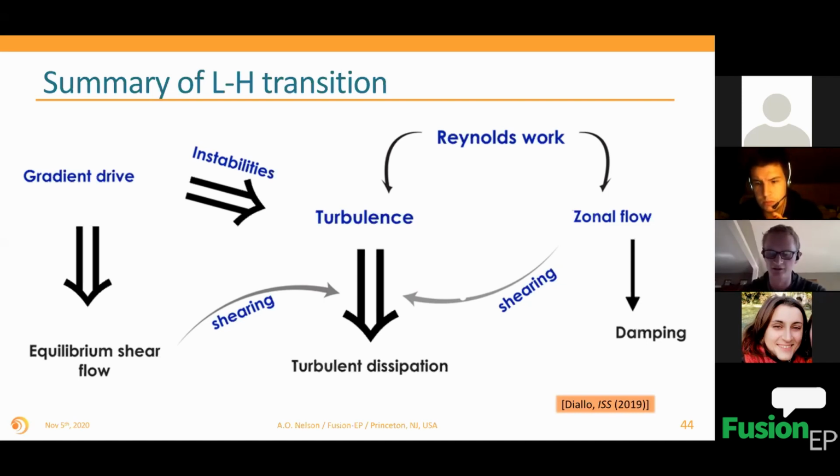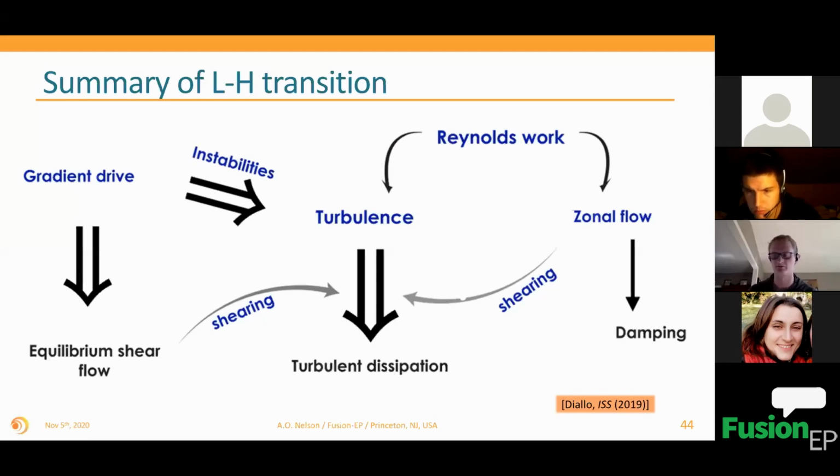But one of the leading explanations that I've seen to date is that we start off by generating a little bit of this gradient drive, and that helps generate our ER. But then we actually turn over to Reynolds work, which is just turbulence work that helps build up and build up this anisotropy and the pressure gradient.